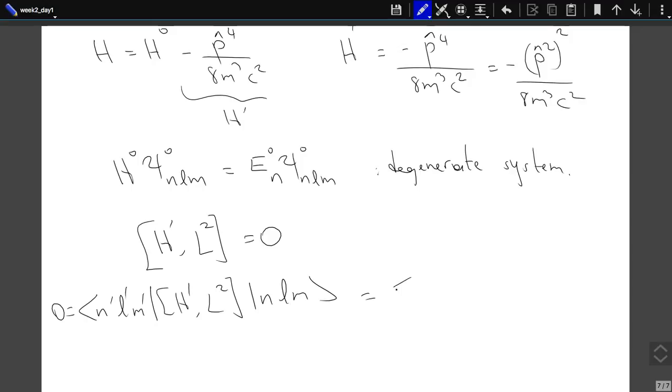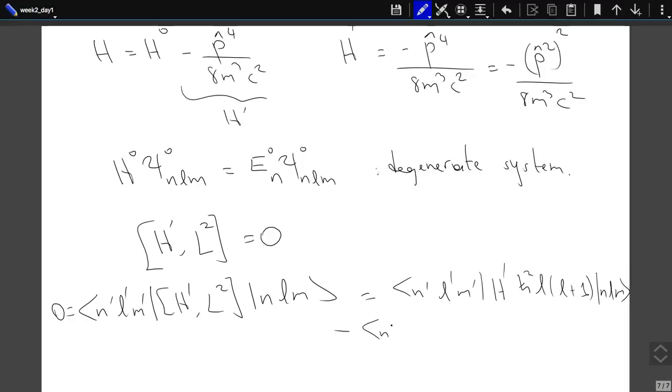So this is equal to n prime, l prime, m prime, H prime, L squared acting on that state gives me h bar squared l times l plus 1, minus, well now L squared is on the left, so I can act it on the bra.